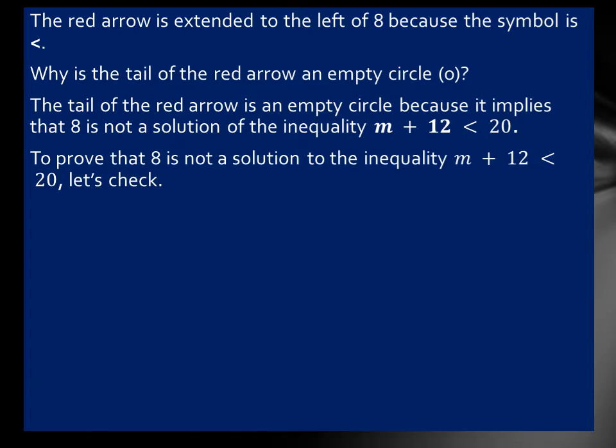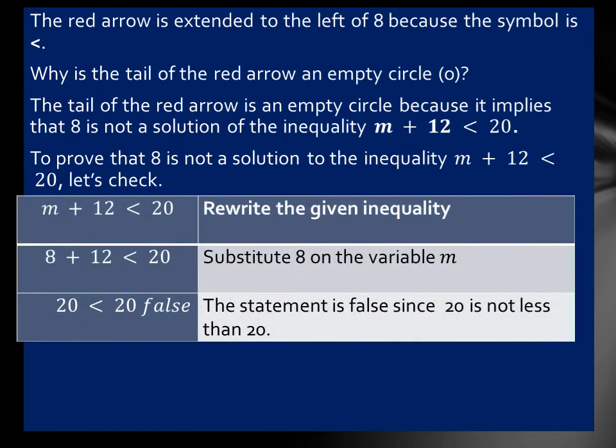To prove that 8 is not a solution to the inequality m plus 12 is less than 20, let's check. For this, we have m plus 12 is less than 20, then substitute 8 for the variable m. So it becomes 8 plus 12 is less than 20. Then we simplify, wherein 8 plus 12 is equal to 20, is less than 20.